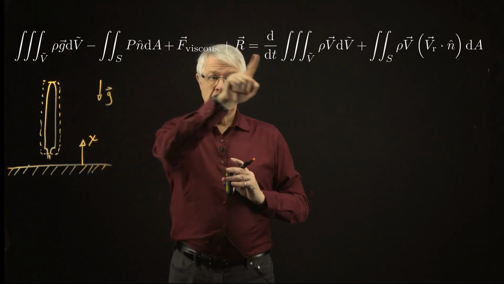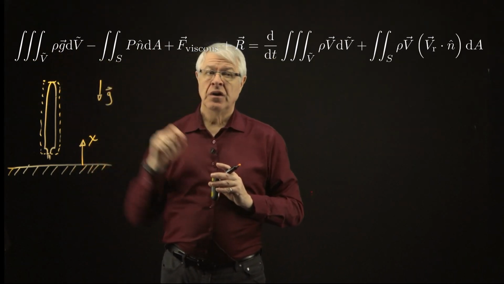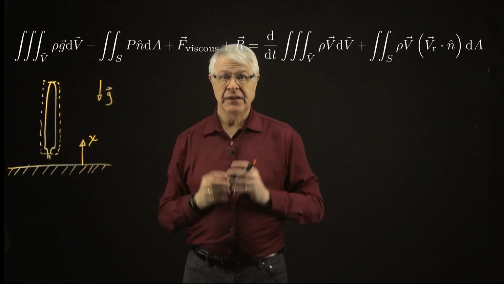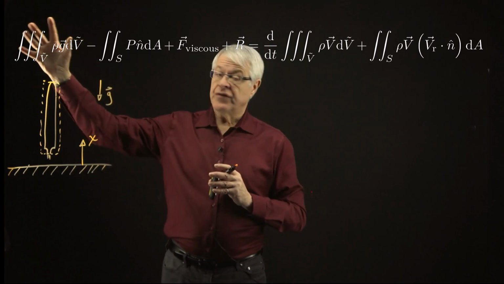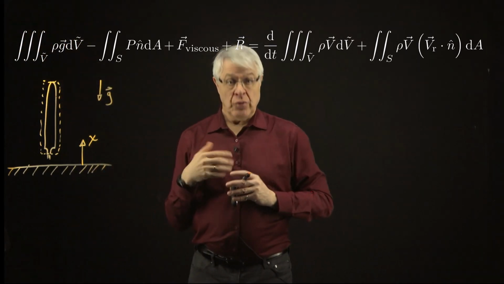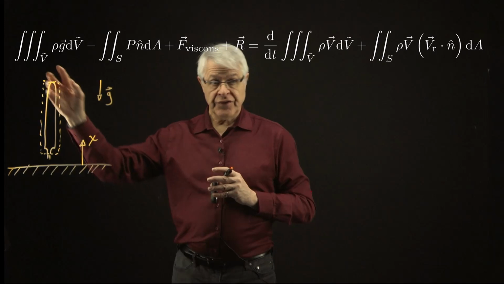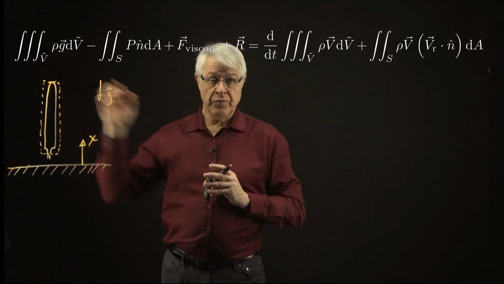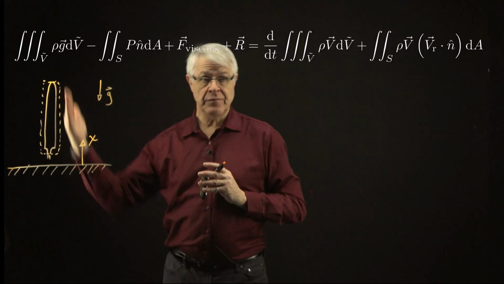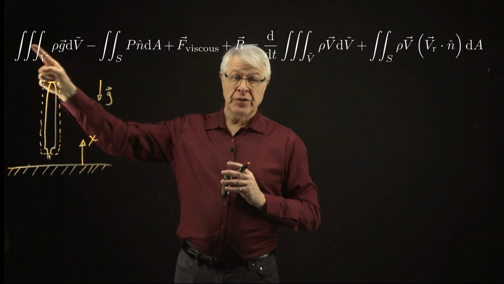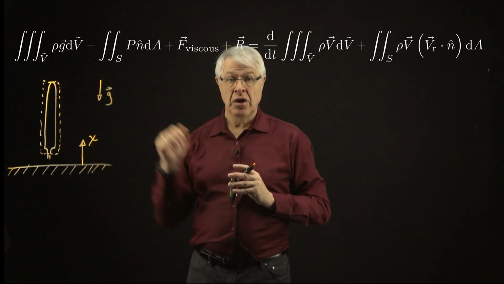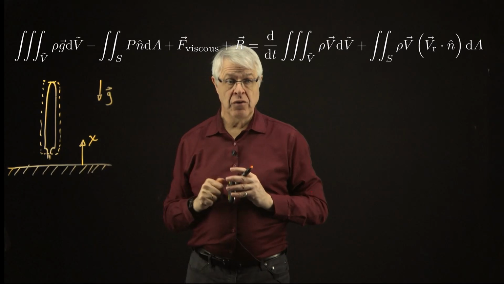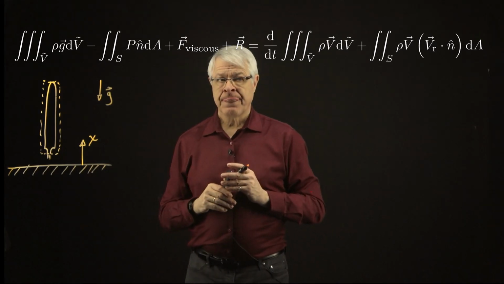Remember, these 4 terms on the left-hand side of the equation are all the forces acting on the control volume. So the first one is the weight. Well, we certainly need to keep that here. This control volume has some mass, and that weight is an important part of conservation of momentum in this direction. So we're going to keep that term for sure. We'll see how to simplify it as we go forward, but we're certainly going to keep it.